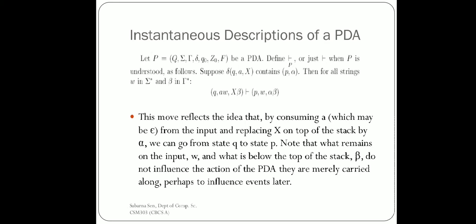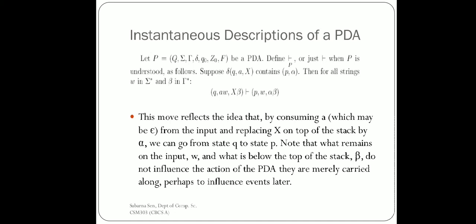So here the state is q, we are processing input a, the remaining string is w, and the stack content is X followed by beta. And it is moving to the new state named p. The remaining string which we need to process is w, and the stack content alpha has been pushed, added with beta. Done.